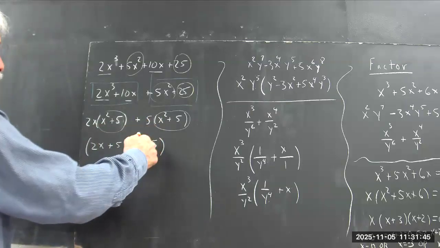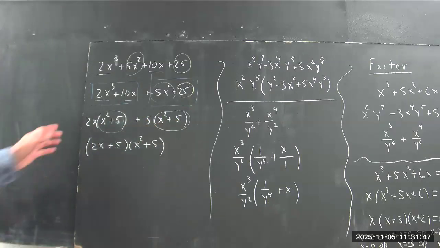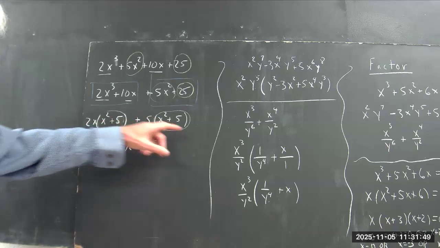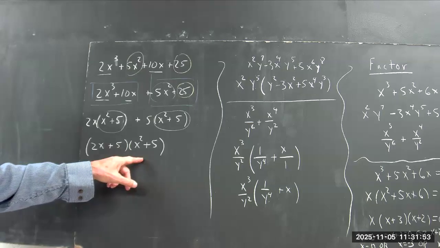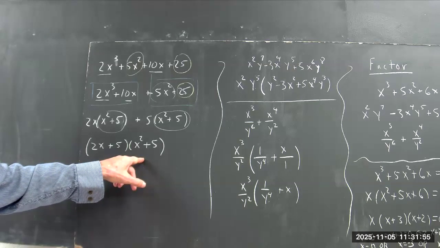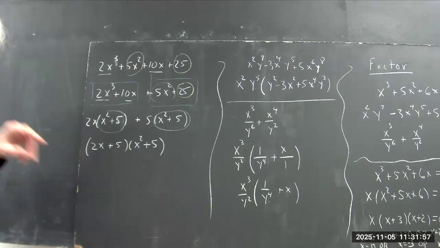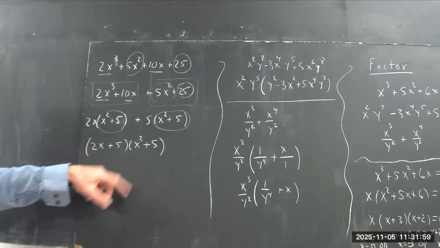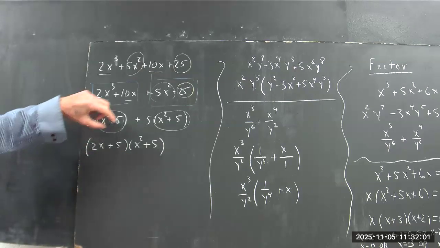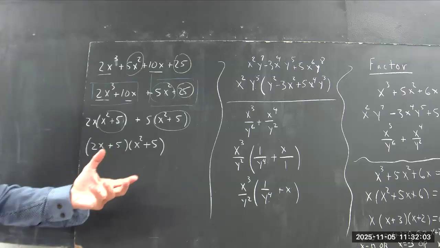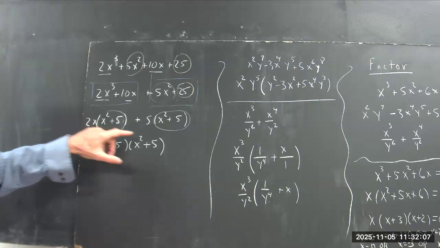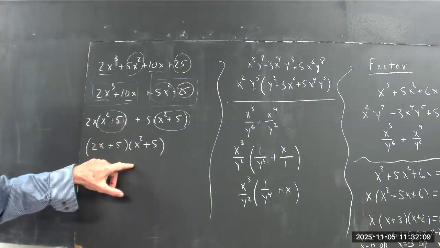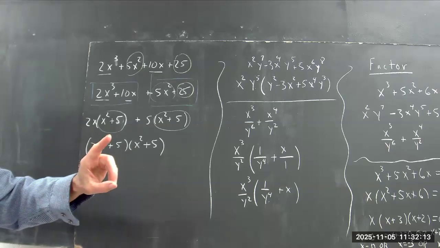Since the x squared plus 5 is on the right-hand side, it doesn't matter whether the thing we factor is on the right or on the left. Okay, so I'm going to just write it on the right. Okay, but you can verify that if you multiply this out, you're going to get 2x times x squared plus 5. That's what the distributive law tells you, plus 5 times x squared plus 5. So this is just a simple instance of the distributive law, only one step of the distributive law.